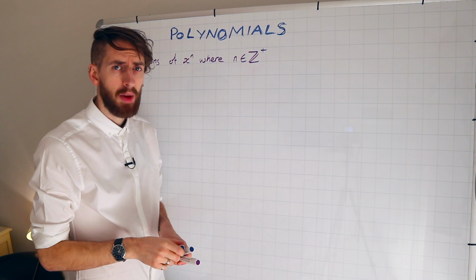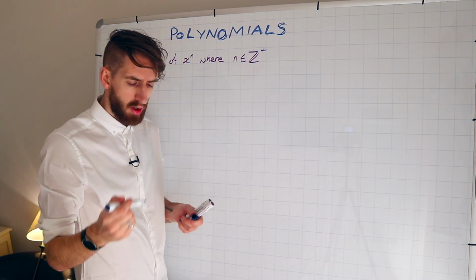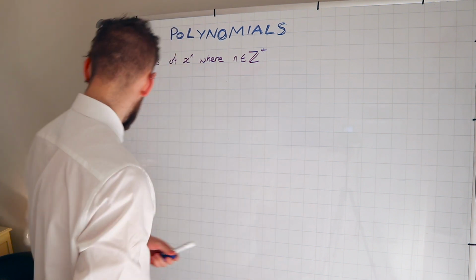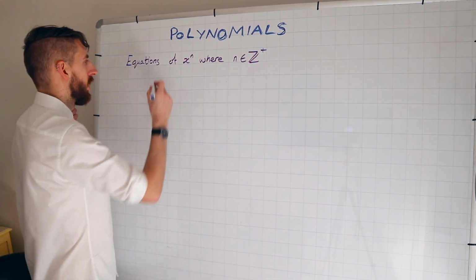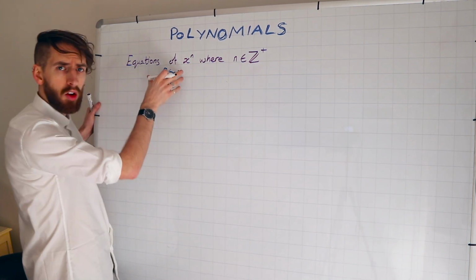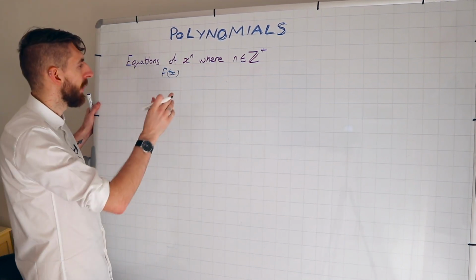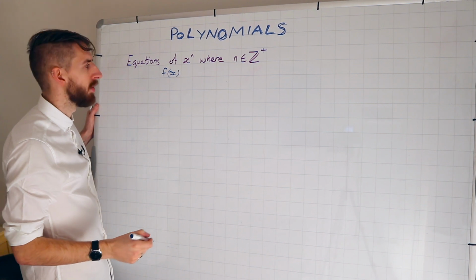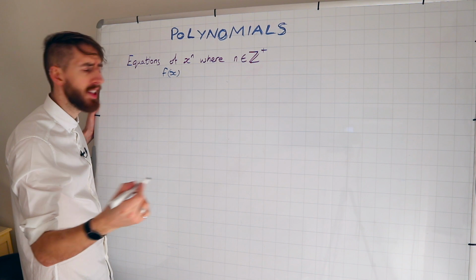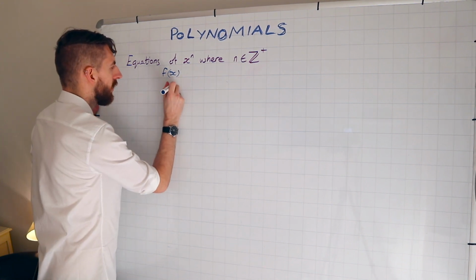So let's talk about some actual examples. I've got too many pens, I've got some new ones. Let's say you've got your function. Let's do a column here, we're going to write functions down here. Now the most simple polynomial is one where there's actually no x's. So we'll just call this a.